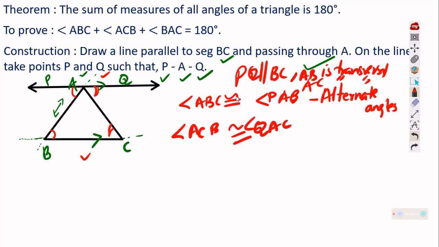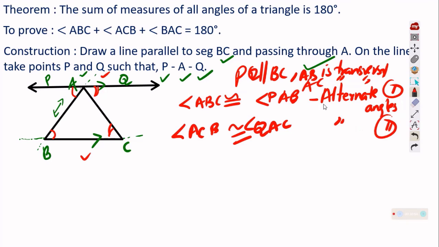We can write either equal to or congruent. Because of alternate angles we have written this also. So this can be written as equation 1 and this can be written as equation 2. From these two we can conclude.